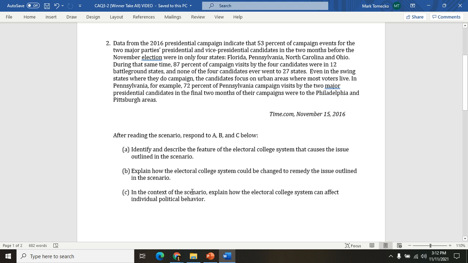But the key here to earn this point is that it says explain how. So you've got to show how the district method or how a national popular vote would remedy the issue. How would it get rid of the problem that candidates focus on a handful of states only? I often use the phrase connect the dots, connect it back.